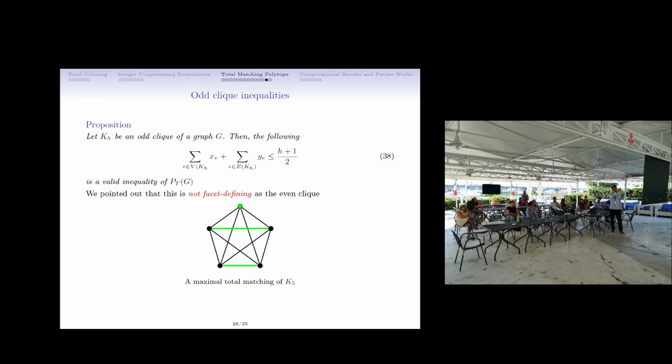This inequality here is a valid inequality for the total matching polytope, since we can pick at most the cardinality of a perfect matching. We consider this graph here, that is the complete graph on 5 vertices. We can pick the cardinality of a perfect matching, that is 2, plus the left-out vertex, giving 3.